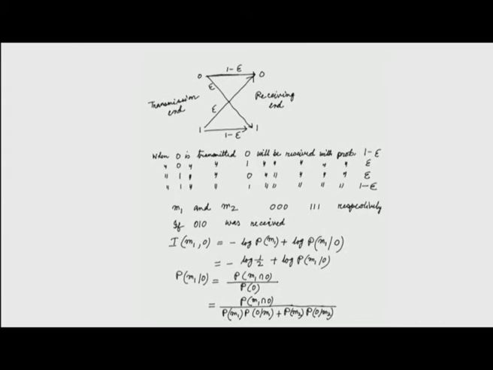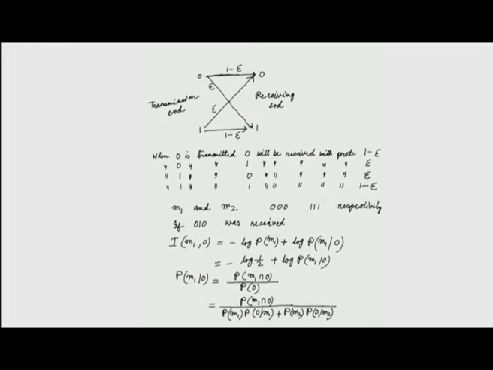Because probability of 0 is nothing but the total probability. Because there are two possibilities, M1 and M2, either M1 or M2 will occur. So, probability of M1 is the probability that M1 is transmitted, that is given.